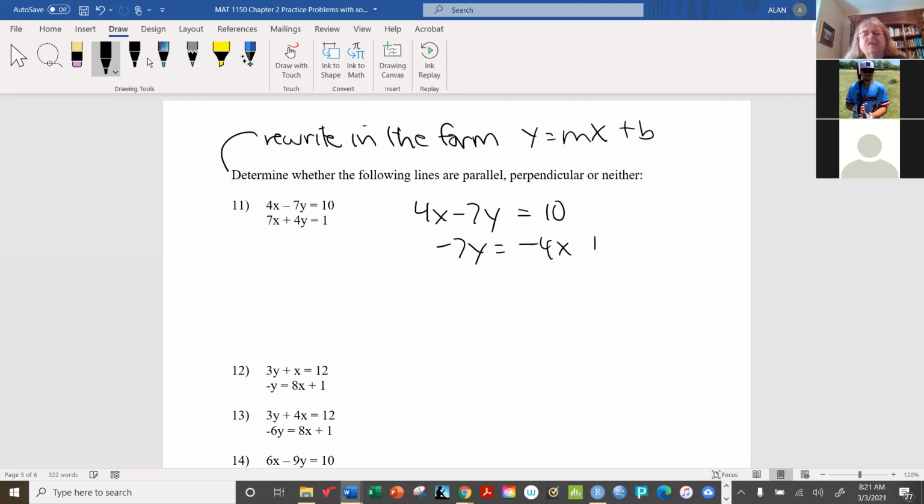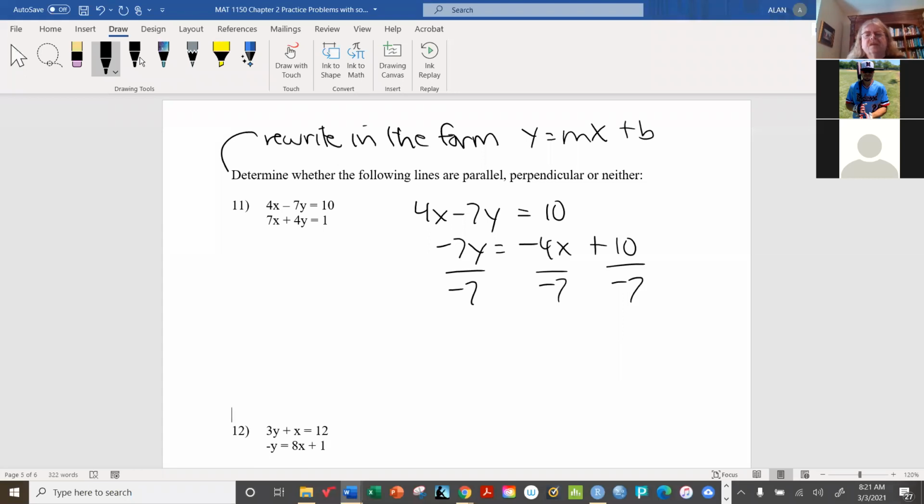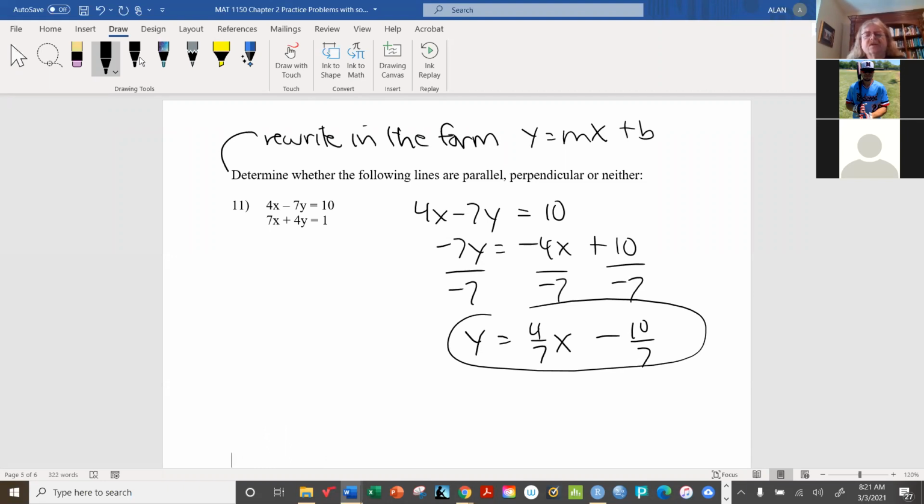I'll subtract the 4x from both sides, and then I'll divide out by that -7. If I divide out with this -7, what I'll end up with is y equals positive 4/7 x minus 10/7. That's the first equation. Now we need to do the same thing for the second equation.